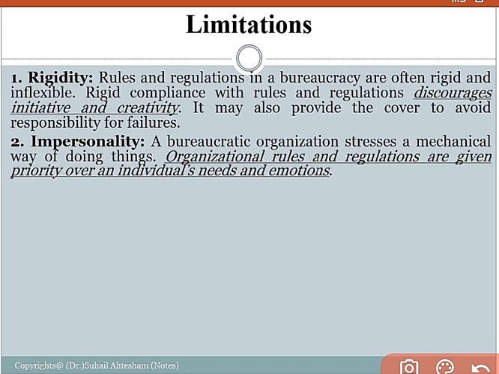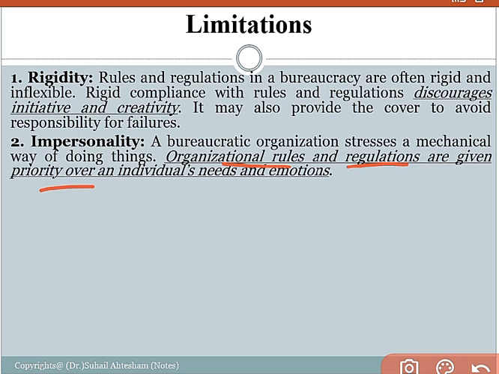Next, impersonality. Impersonality is related to organizational rules and regulations being given priority. Here it is impersonal, meaning there are formal relations among the employees in the organization, and organizational rules and regulations are given priority, and human relations are a secondary thing in bureaucratic theories or classical theories.